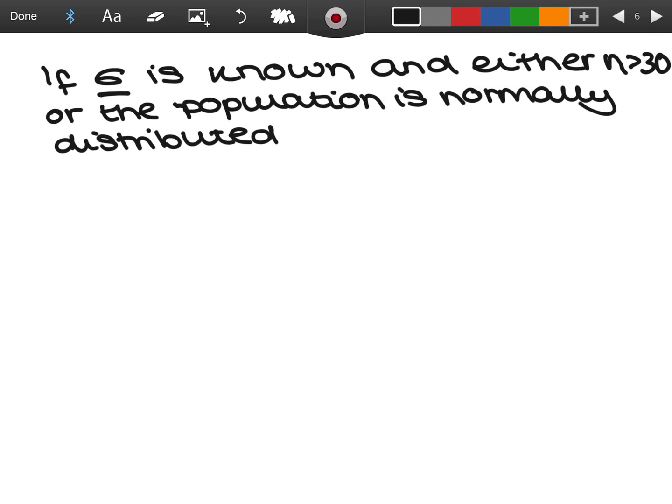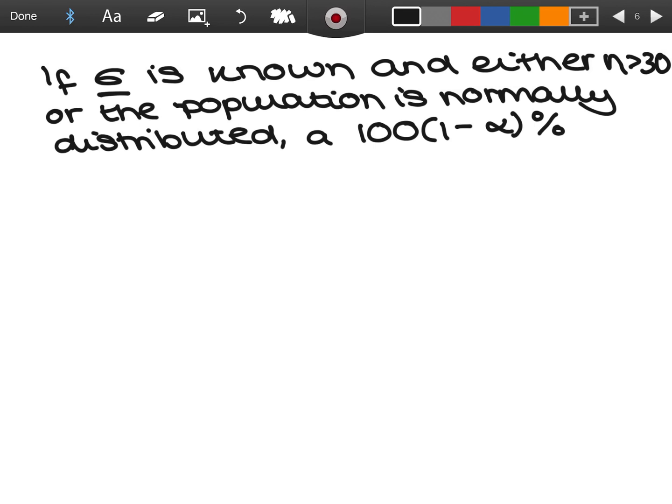And then you either need to take sample sizes of greater than 30, which means that we therefore know, if you look back at your notes, that these sample means are normally distributed. Or you need that the population itself is normally distributed to start with, because therefore any sample that you take from it must also be normally distributed. Therefore your sample means are normally distributed. So you need one of those two things as well as your population standard deviation being known. Then this is where it gets slightly weird, but bear with me and you will see how this works out.